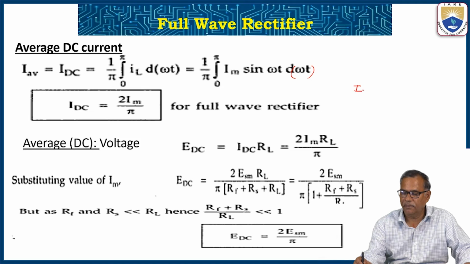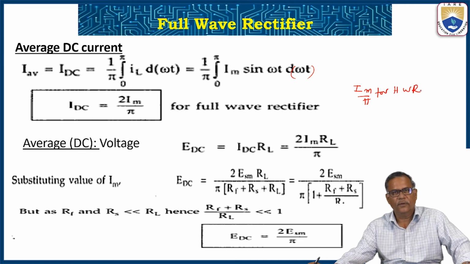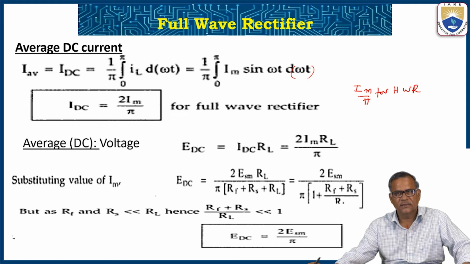It is Im by pi. So it is double for the full wave rectifier. The average DC voltage, applying Ohm's law, is IDC multiplied by RL, which is equal to 2 Im by pi into RL.